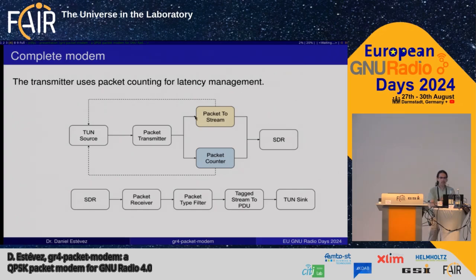So when some packet goes out to the SDR, a message is sent back to the TUN source saying, OK, this packet is clear, now you can send more stuff. Because if we do not limit the amount, if you try to send a lot of IP packets, the packet transmitter gets full of thousands of IP packets in buffers, and you have hundreds of seconds of latency.